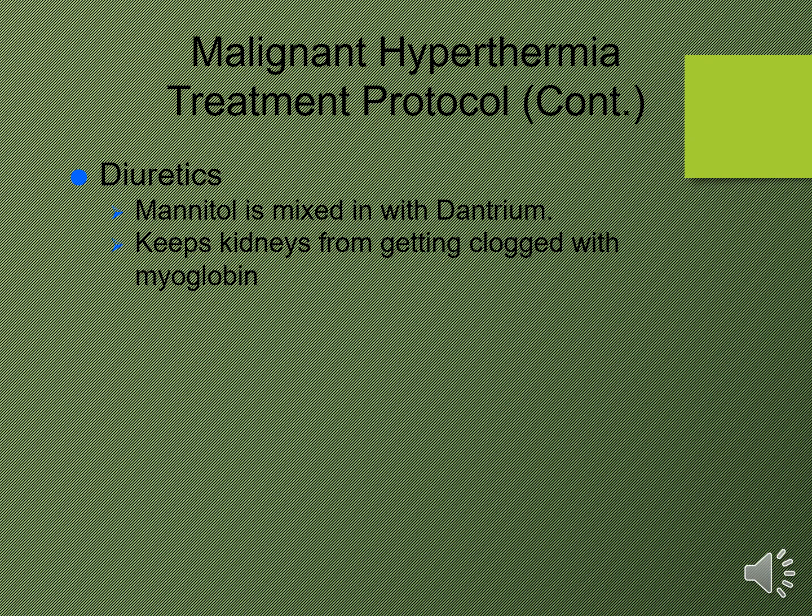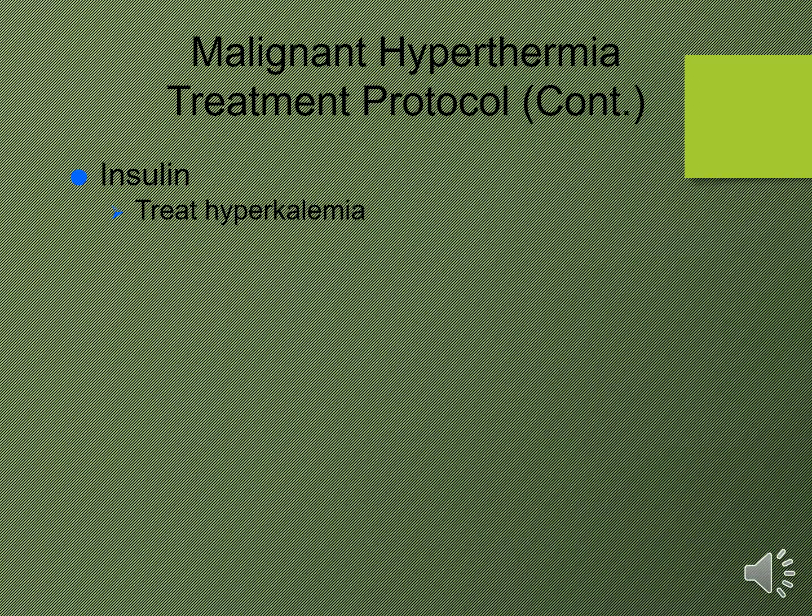So by giving these diuretics, it's going to help to keep the kidneys functioning and flush that myoglobin out. The last step is going to be treating them with insulin. This will help to treat the hyperkalemia. So it's going to be really important that you guys know the steps in this so you're prepared, and we'll talk a little bit more in these next slides what that looks like for the surgical technologist.